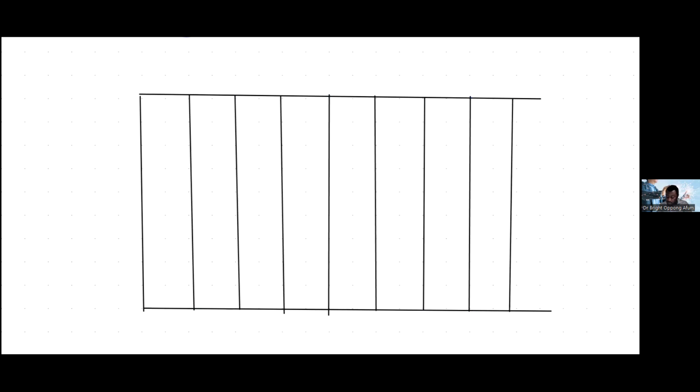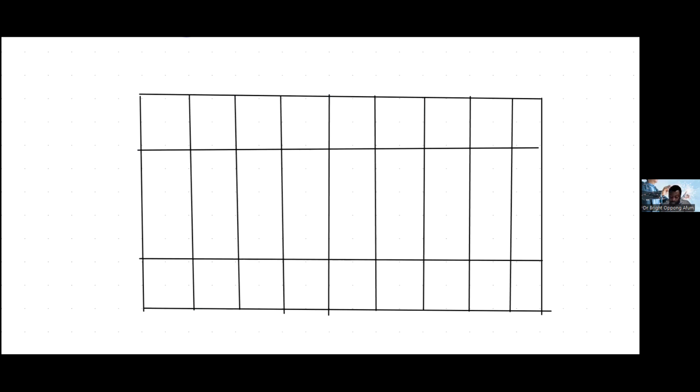We have X1, we have X2, S1, S2, then we have A1, and the final one, the artificial variable A2.